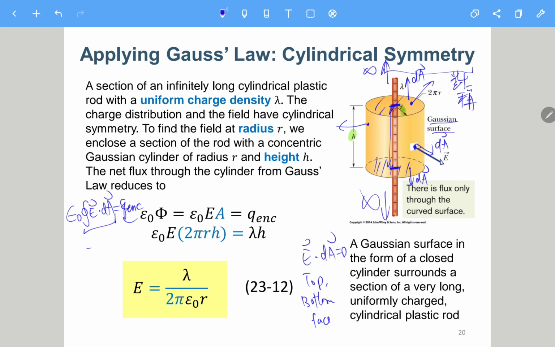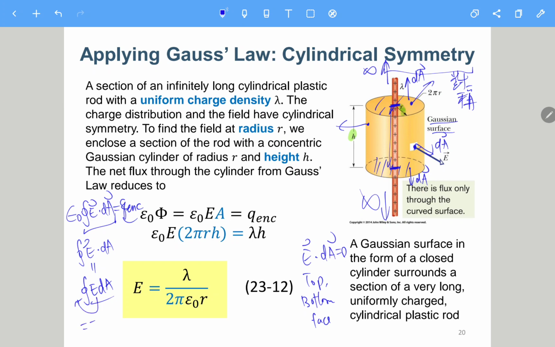Which means that this E dot dA integration will be the integration of E times dA, because they are parallel to each other, which means that the angle between them is 0. Cosine of 0 degrees is 1. So this is nothing but this. And then we also know that E is uniform over the whole surface, which means that E can be factored out.